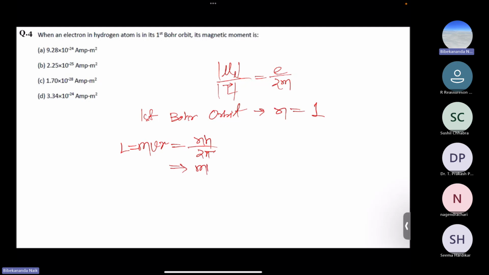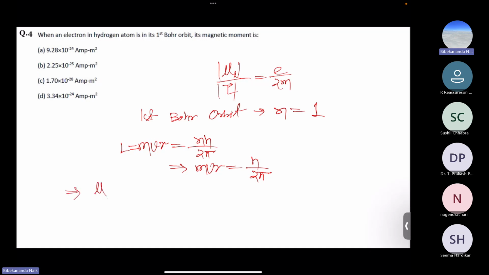So mvr will be h by 2 pi. This is the value of L.